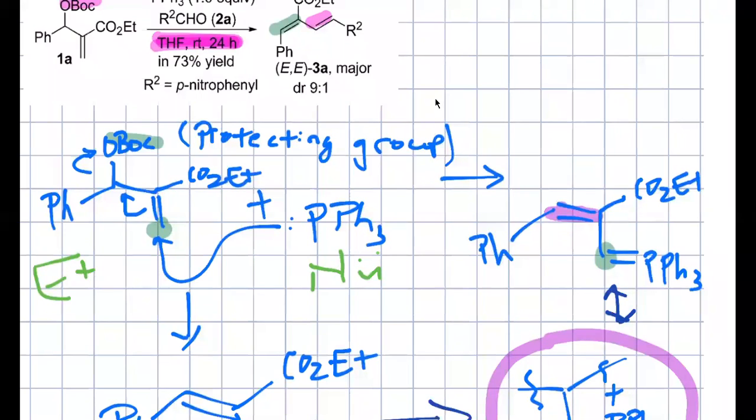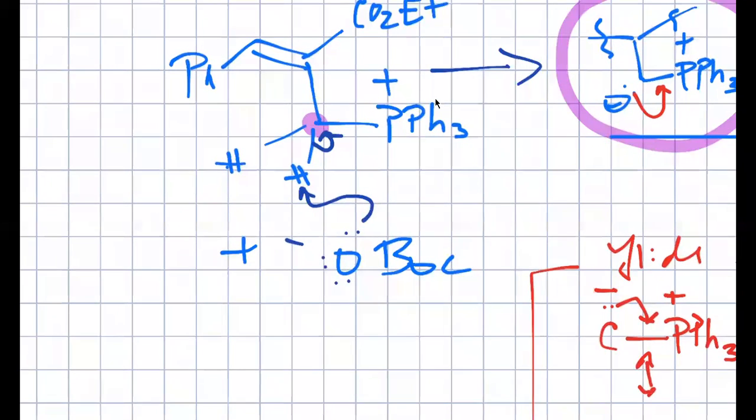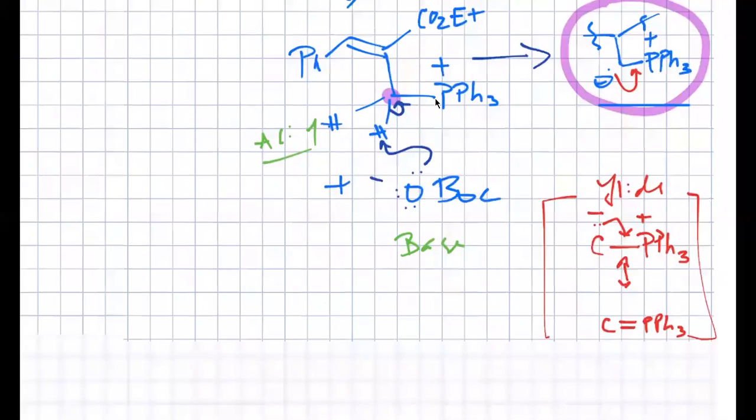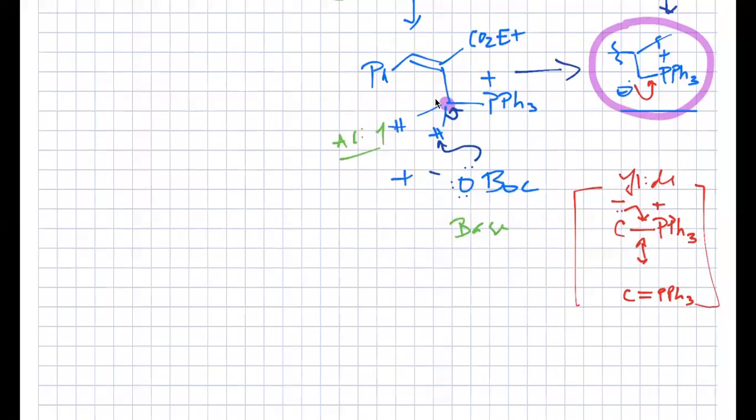Mm-hmm. And then down here, this is base, and then this is acid. And when I react the ylide with the aldehyde, the ylide itself becomes the nucleophile and the aldehyde becomes the electrophile.